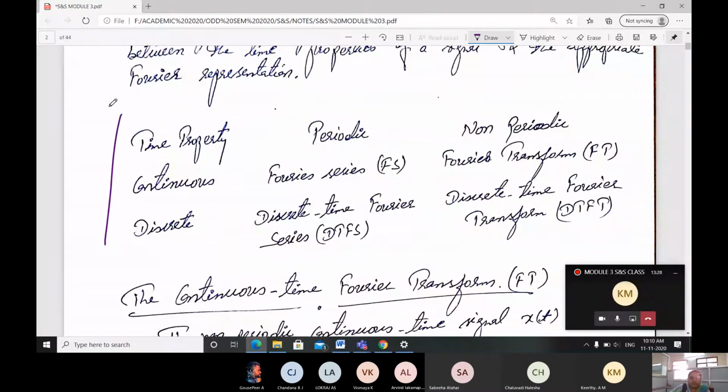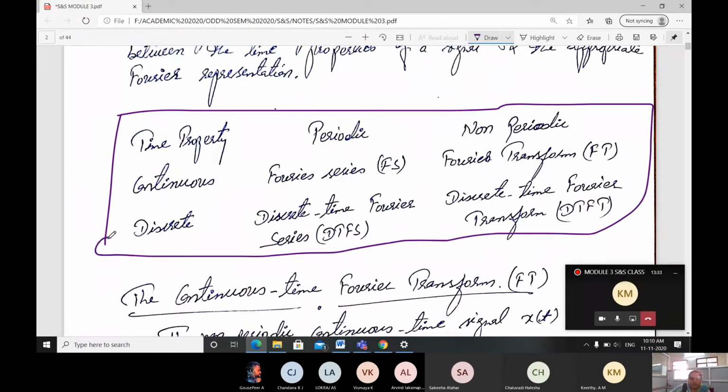This table tells how to choose the representation.